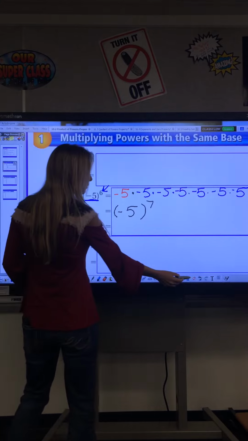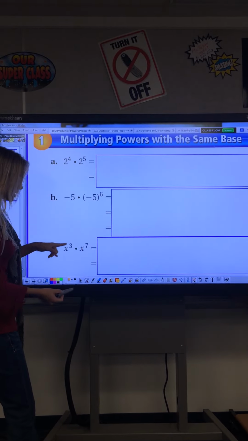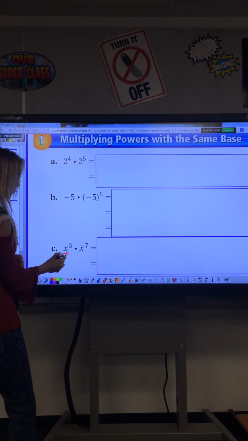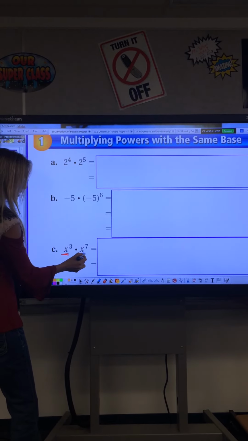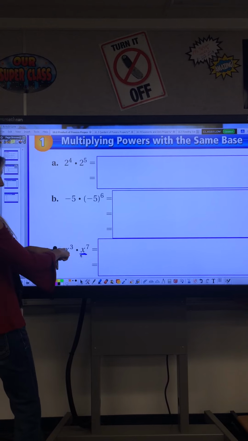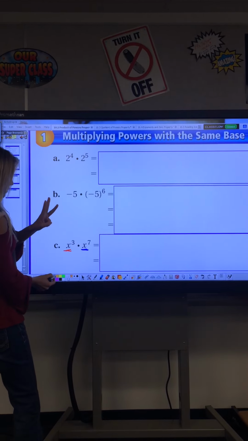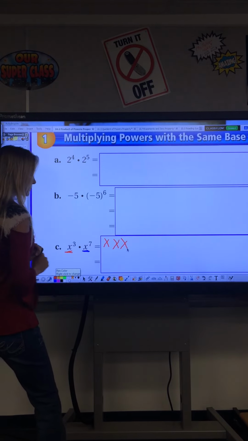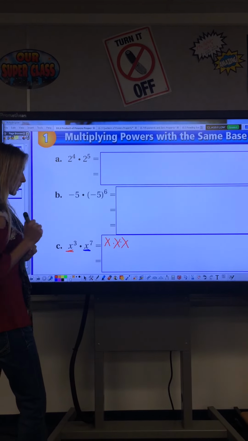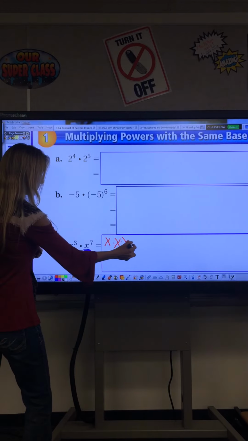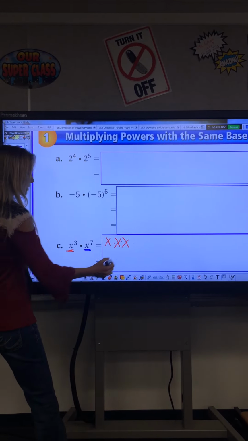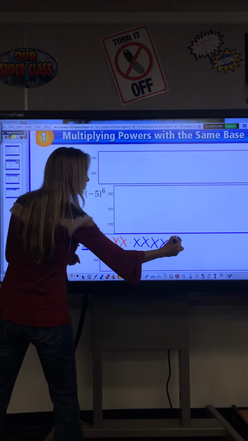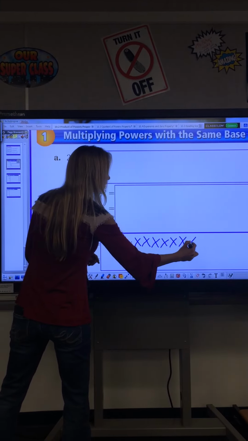And let's look at one more example. And yes, there are variables, but it means exactly the same thing. We have base x, here is also base x. How many x's do we have in here? 3 of them, right? So we go 1, 2, 3, times 7 of them, right? 1, 2, 3, 4, 5, 6, 7.